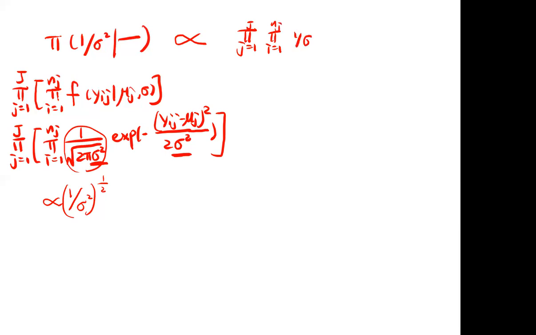Again, this is a nested product, so you have many of them to do. The other part is from the exponential term, which goes into the sum.